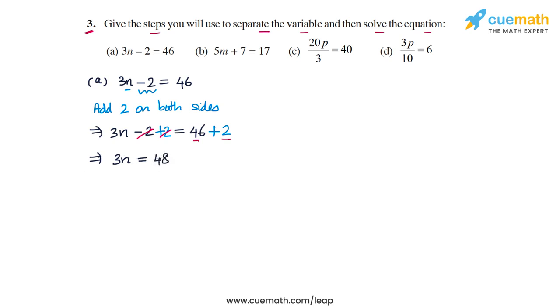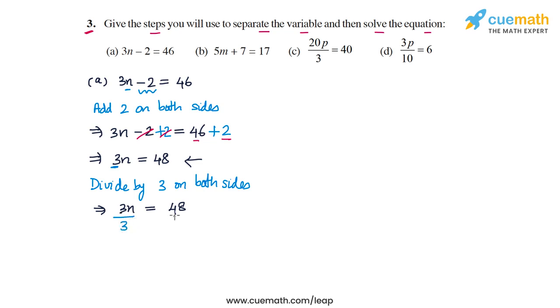But the variable n is still not separated. So to separate the variable n, we will need to divide by 3 now because we have 3n on the LHS. So the second step is divide by 3 on both sides. Alright, so the original LHS for this equation is 3n, the original RHS is 48, and let's divide by 3 on both sides.